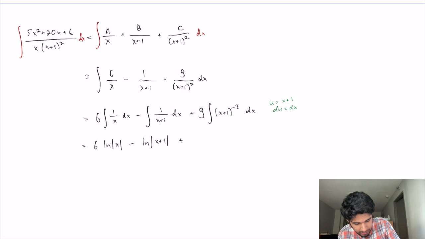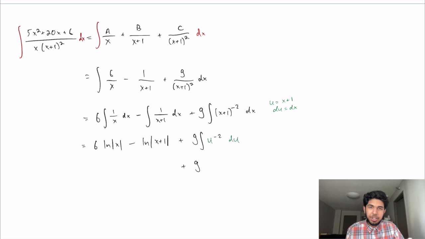So this would be 9 times the integral of u to the negative 2 power du. Now that's just a simple power rule. We add 1 to the exponent, which becomes negative 1, and then we divide by that power, so we divide everything by negative 1. So we can just make that a minus 9 instead of a plus 9.